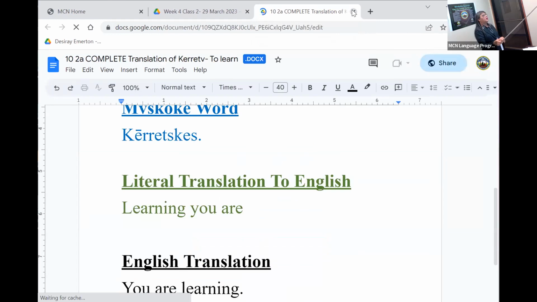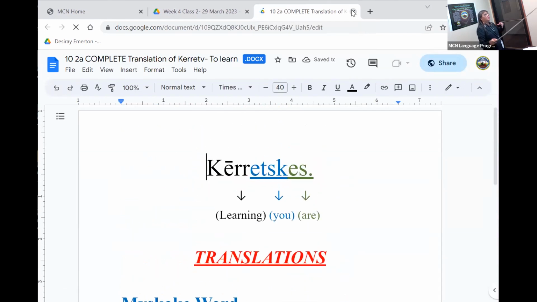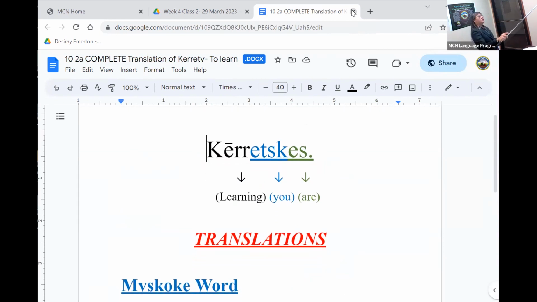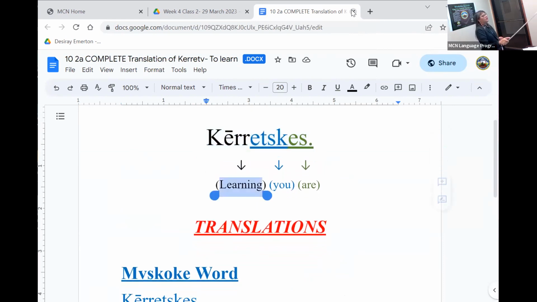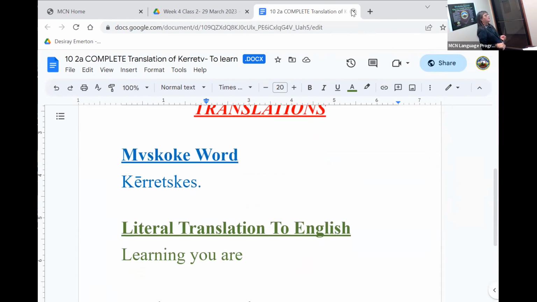Learning you are, and I used this in one of our sentences, but learning I am. It was I am learning Mvskoke. So you can see how we started out. You've got your verb stem right here, the black part. You've got the U, and you've got your translation. All right, here the Mvskoke word is that skis.